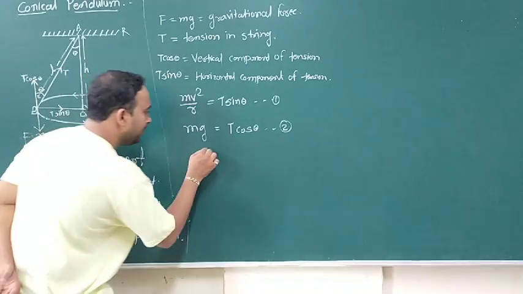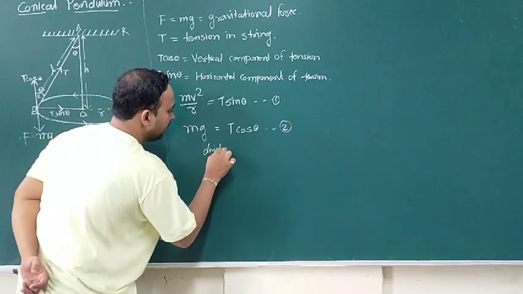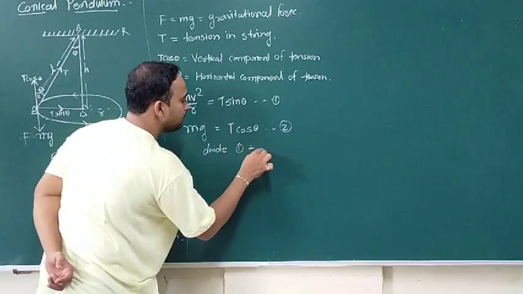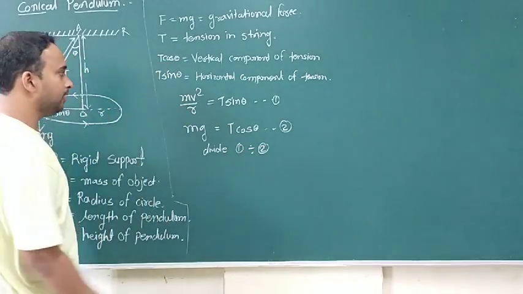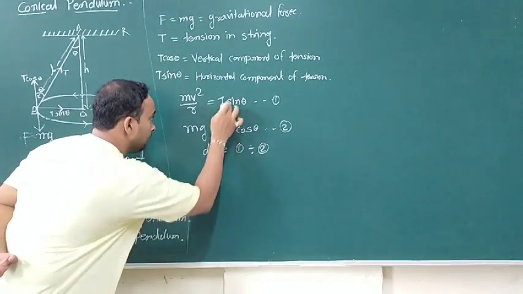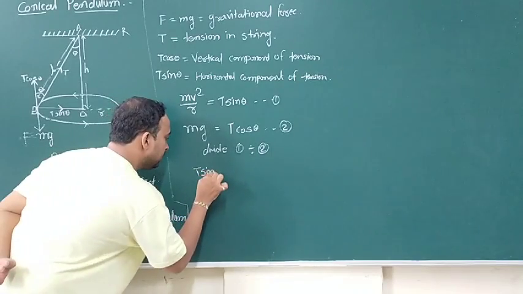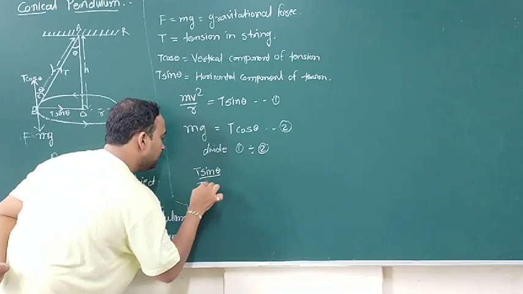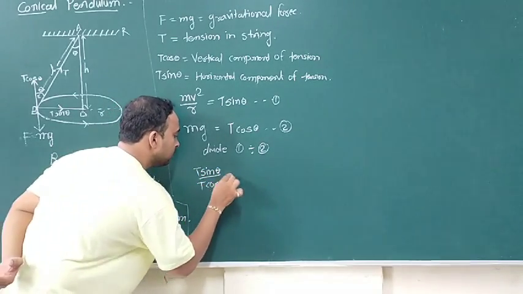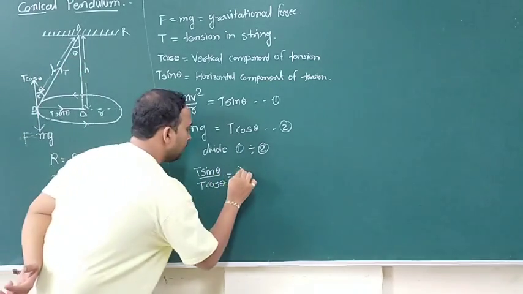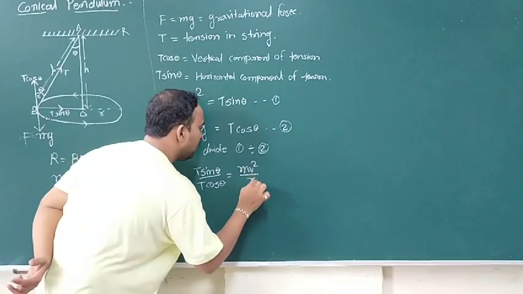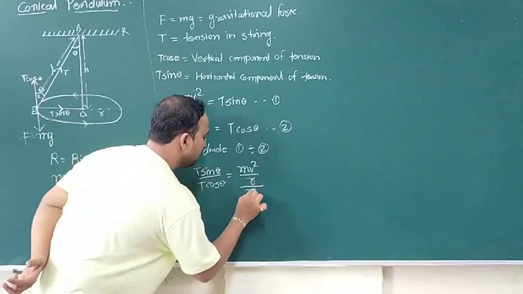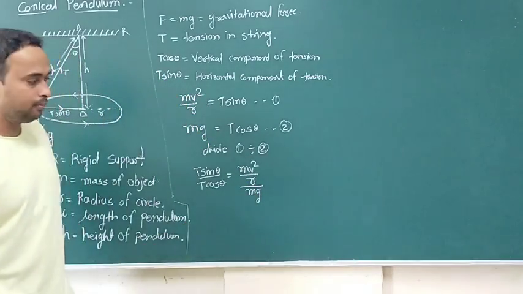Now divide equation 1 by equation 2. So we get T sin theta upon T cos theta is equal to mv square upon r divided by mg.